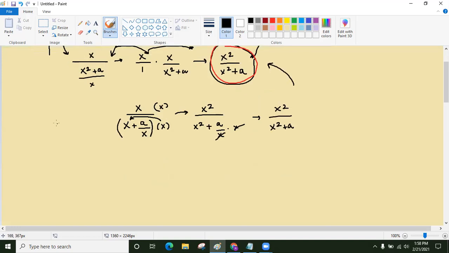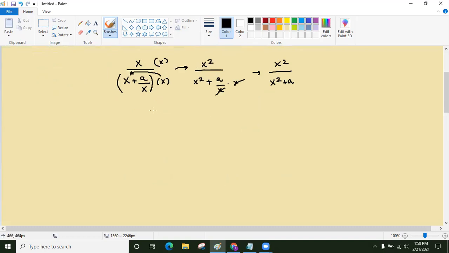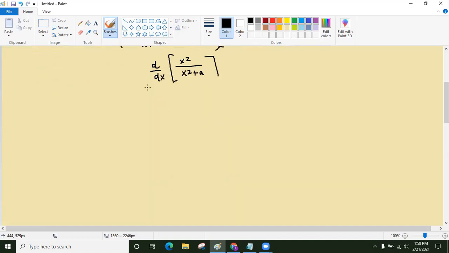So we're finally tasked with taking the derivative, d over dx, of our rewritten form x squared over x squared plus a. Rewriting this again, we'd have to use the quotient rule, right?